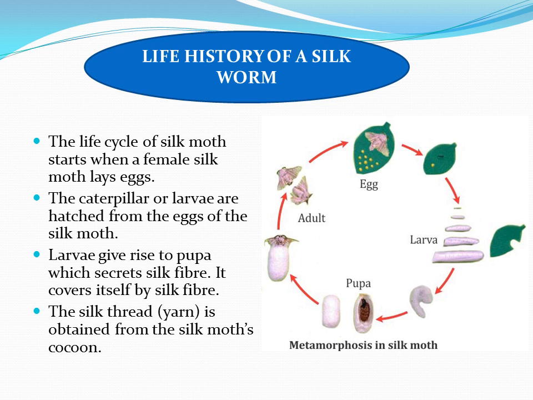As you can see in this picture, the first stage is the egg stage, where the female is laying eggs on the leaves. Then after some days, these eggs hatch and form the larva. These are the different stages of larva: the early larval stage, middle larval stage and late larval stage.